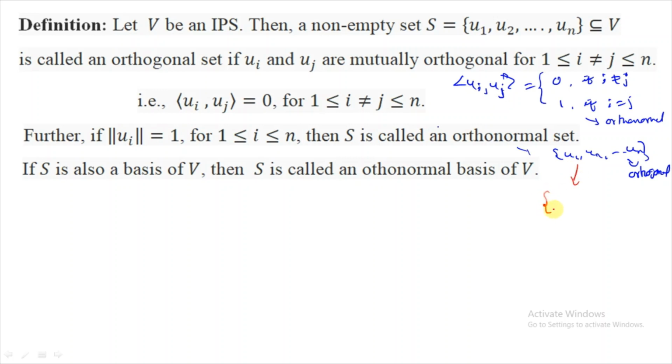If you take u1 by norm u1, u2 by norm u2, up to un by norm un, each one is a unit vector, and the set is orthonormal. When the set is orthogonal, if you divide each vector by its length, then the set is converted to orthonormal.